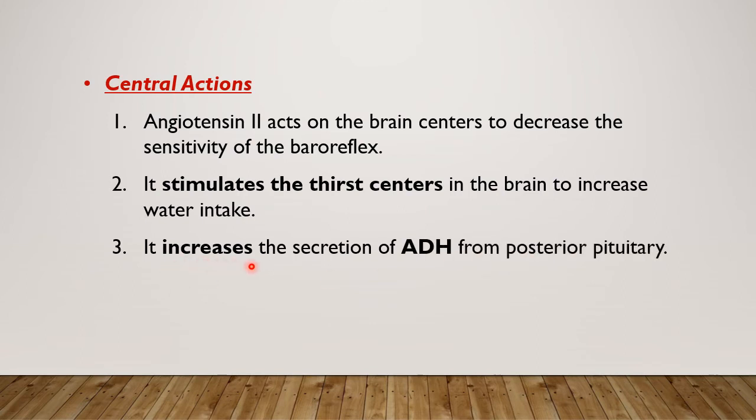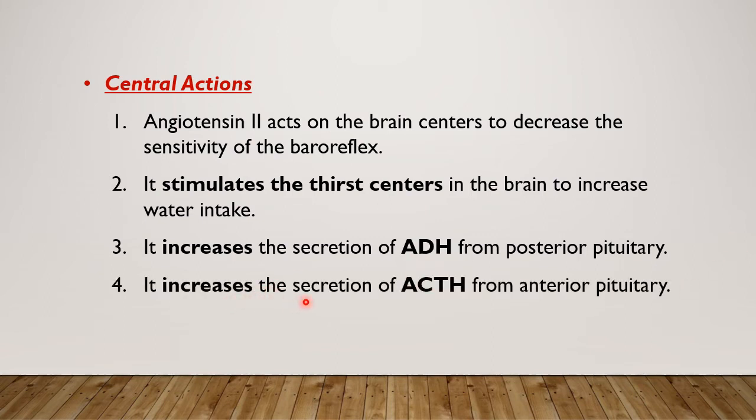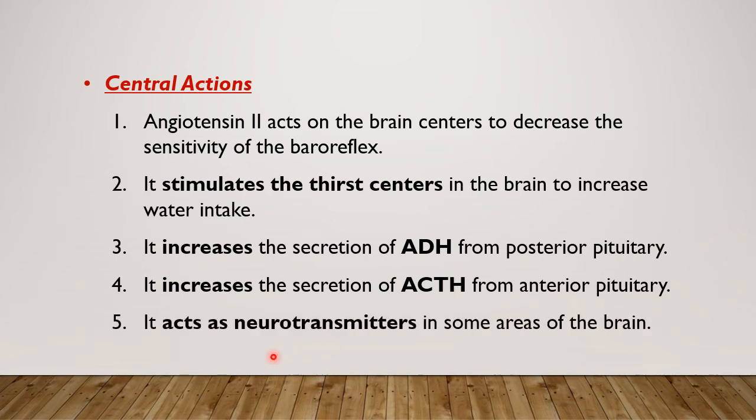Then it also increases the secretion of ADH, antidiuretic hormone, or vasopressin, from the posterior pituitary. And it increases the secretion of ACTH from the anterior pituitary. And finally, it also acts as a neurotransmitter in certain areas of the brain. So these are the important central as well as peripheral actions of angiotensin 2.